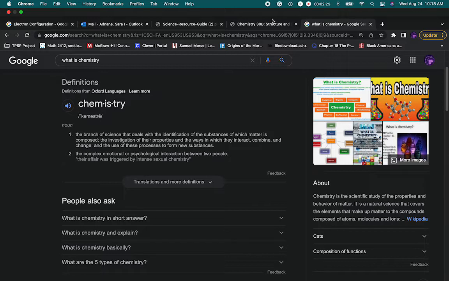Rather, with chemistry, you're taking a closer look at an atom and how it behaves with another atom and what it produces. While physics just deals with what's happening, what does it look like it's doing, a way to visually describe it.